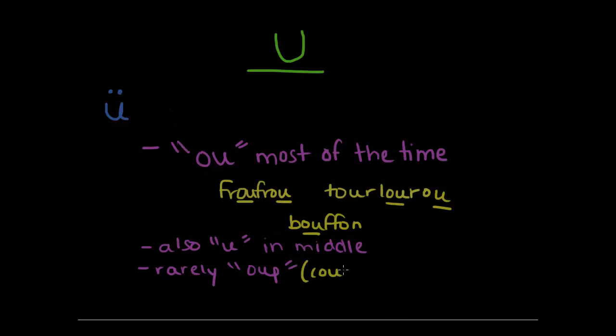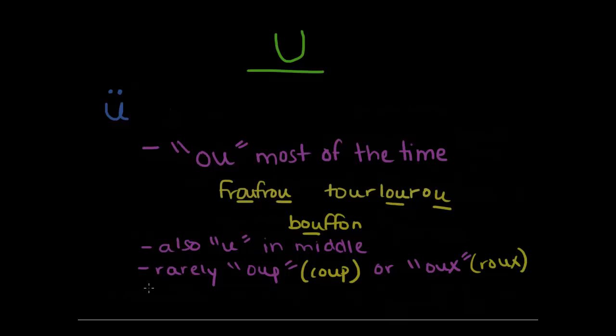It's going to happen at the end of the word coup. Rarely OUP or OUX, as in roux. But they also have the OU, but rarely it's going to end like that. A couple words, so we should look them up.